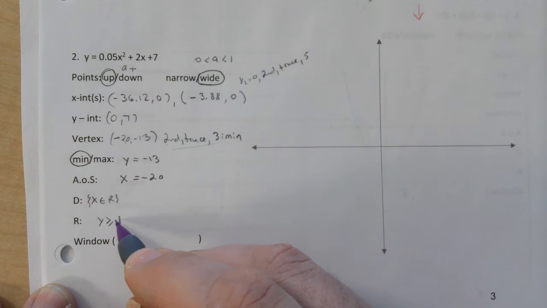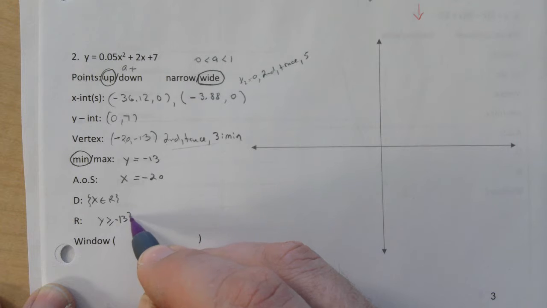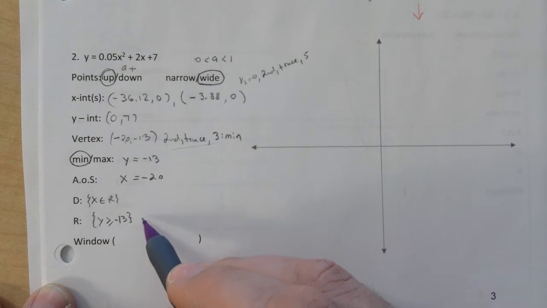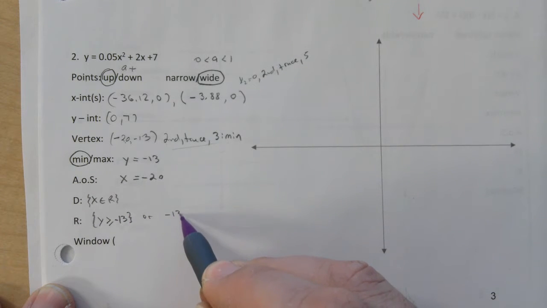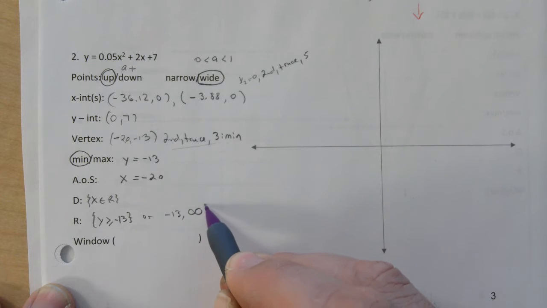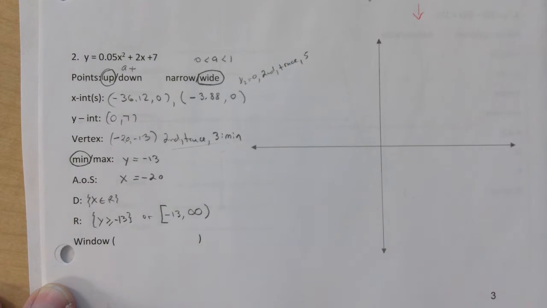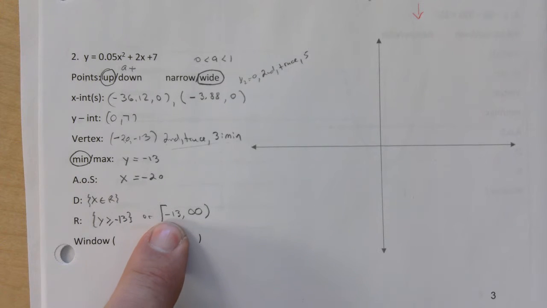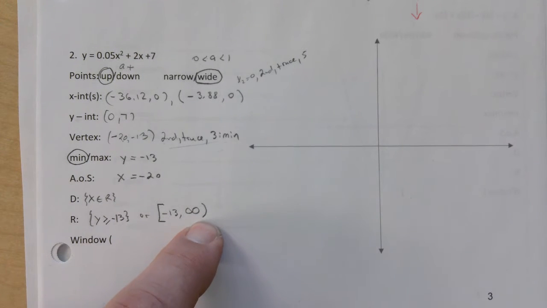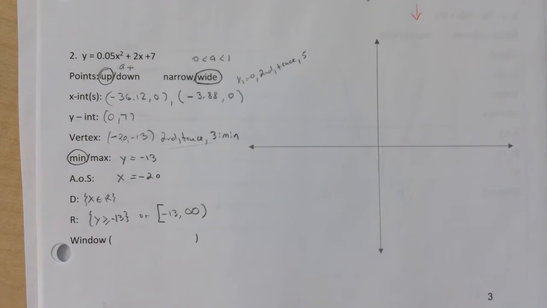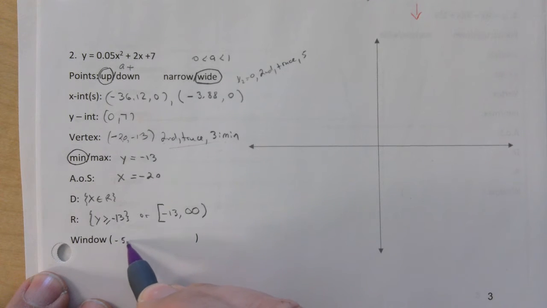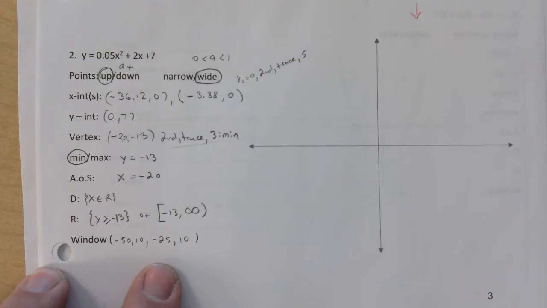So that should be negative 13 to positive infinity. Round brackets around infinity, square brackets around the start. So lowest value first, biggest value second, always. And my window, I went negative 50, 10, negative 25, 10. That's the window I used.